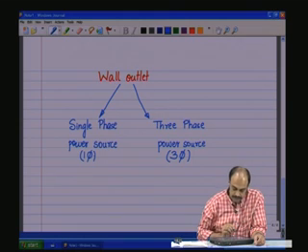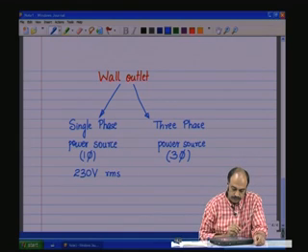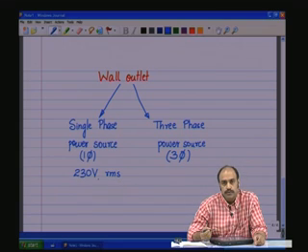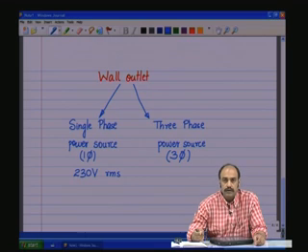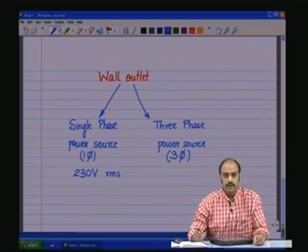The single phase power source has an RMS value of 230 volts. This is the RMS value. This is generally the number that is used for the single phase wall outlet power sources. So, normally it is called the 230 volt source.